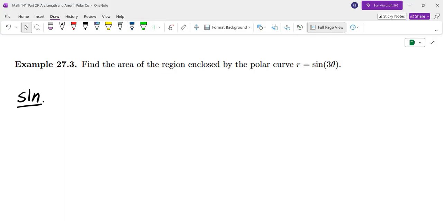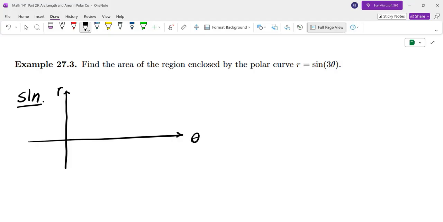So the first thing we're going to do is draw this region. Let me just draw the curve r theta and then we'll put it on the xy plane. When theta is 0, r is 0 as well. When theta is pi over 6, r is 1, theta equals pi over 3, r is 0.